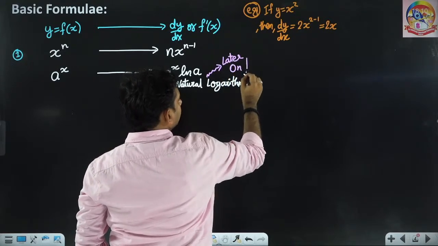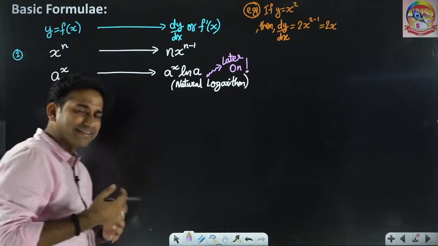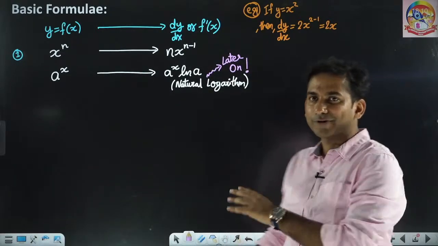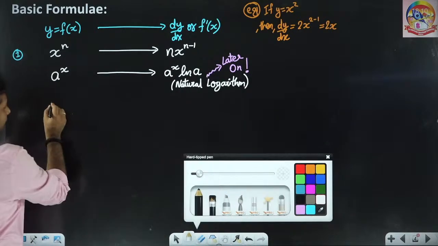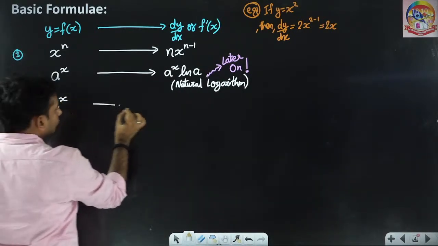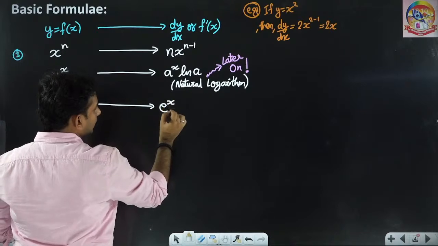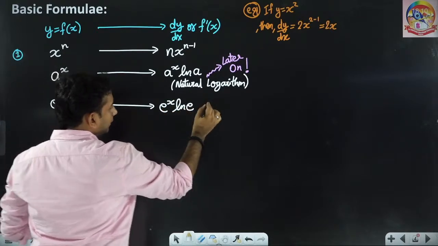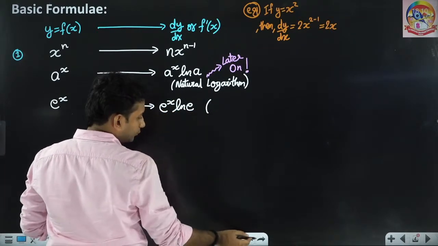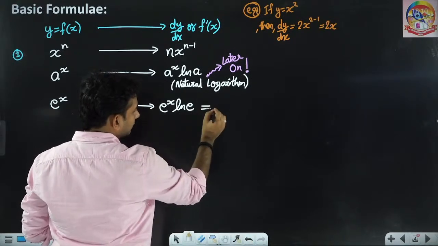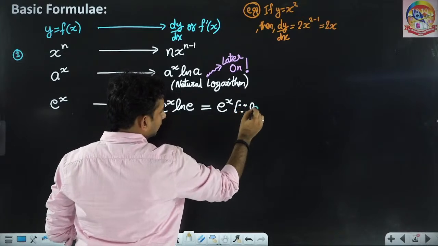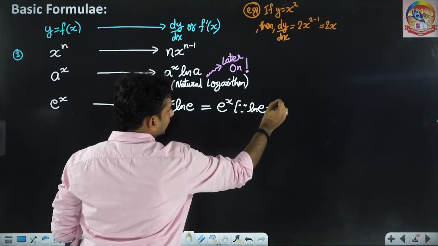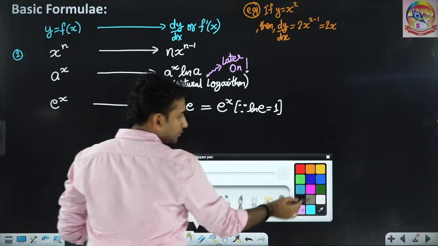Right now let's focus on different mathematical tools one by one. So here the topic of discussion is differentiation. Now if we have e to the power x, then by the rule it will be e to the power x ln e, but ln e is equal to 1, so that can simply be written as e to the power x. Why, sir, is ln e equal to 1?